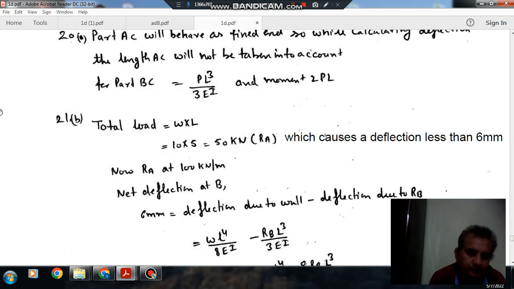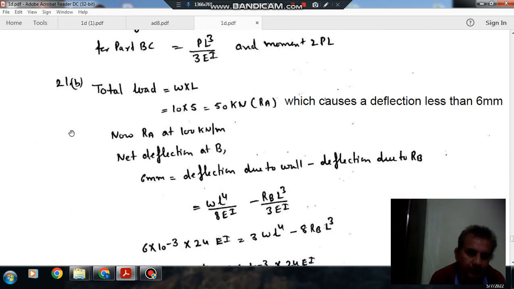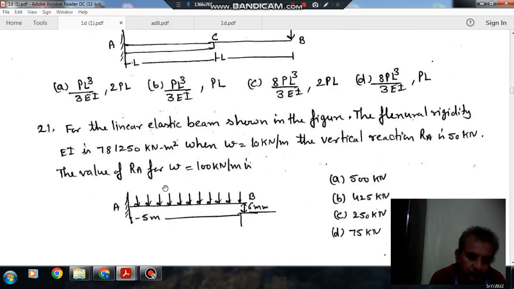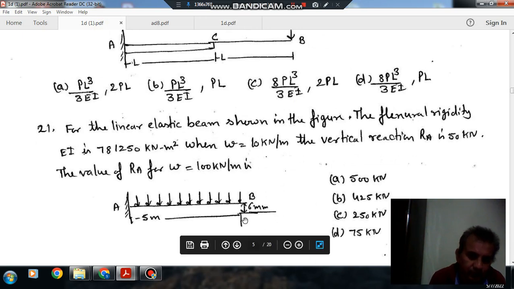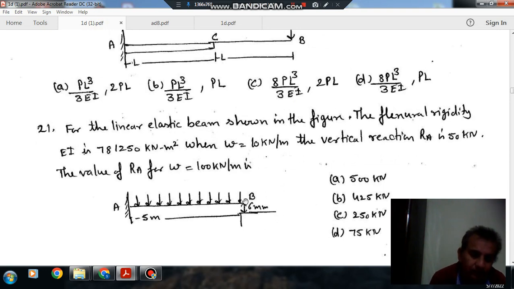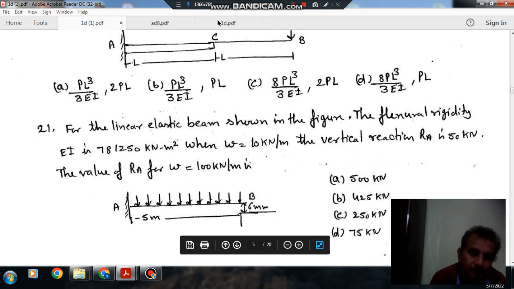Now when w is 100 kilonewton per meter, there will be deflection at B which can be more than 6 mm if there is no support here, but the gap is 6 mm.